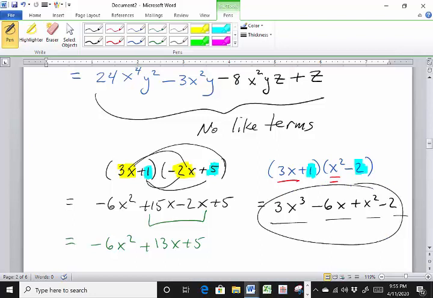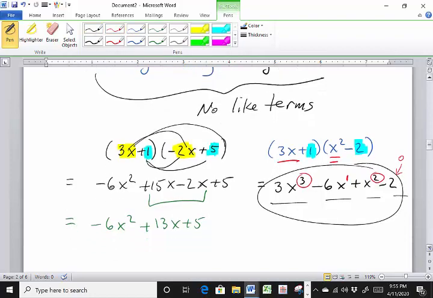And notice again, remember we talked about writing our answers in descending order. Notice that we have a third degree, a first degree, a second degree, and then a 0 degree right here. So we should rearrange this.